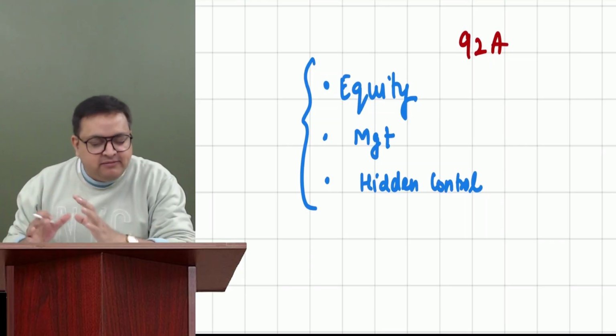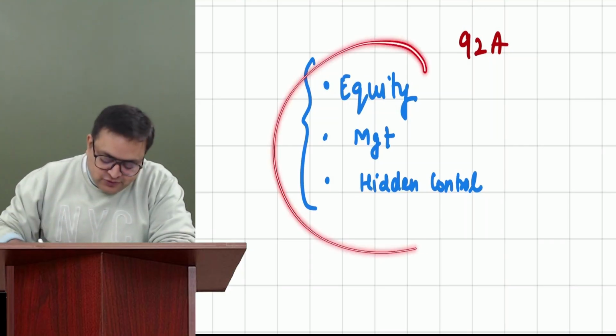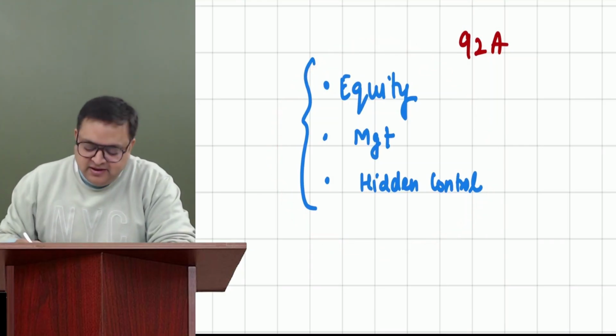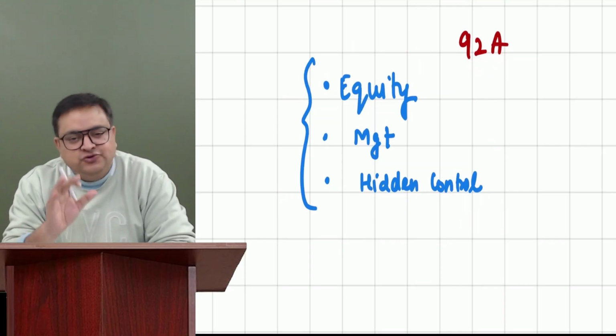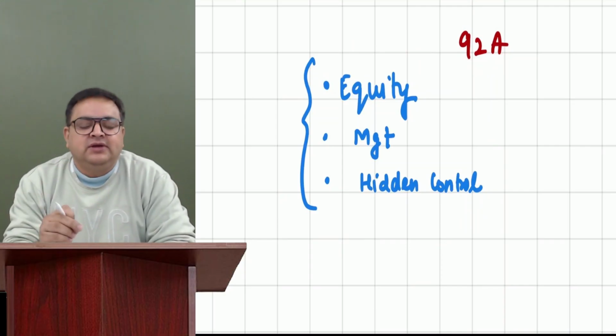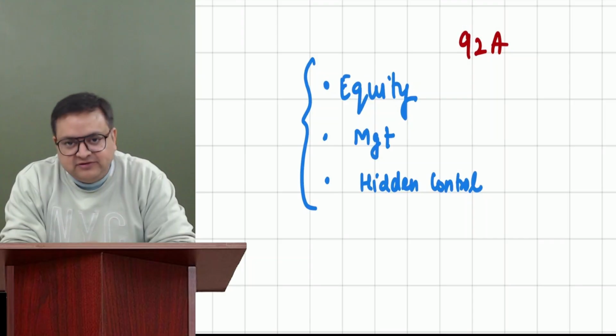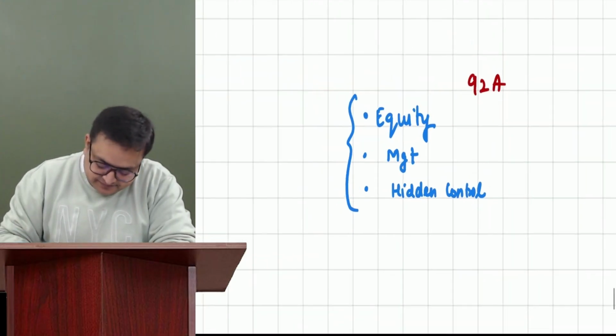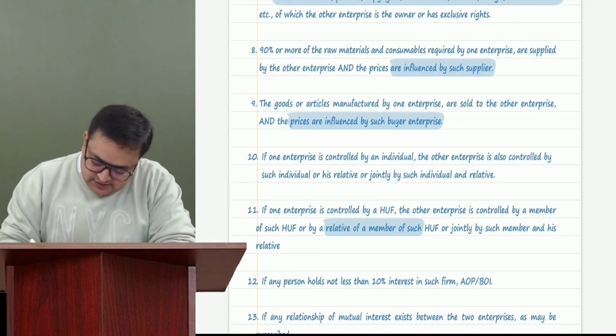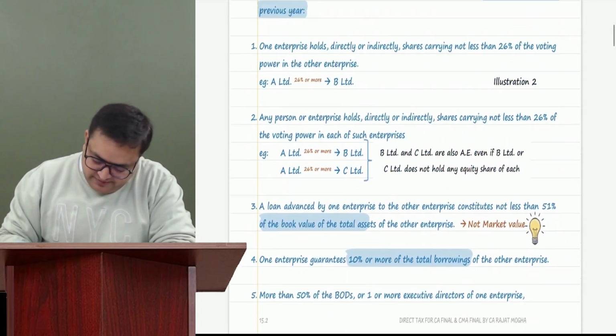Then also you become an associated enterprise. Very, very important section, you should know it. Questions come in exams on this particular section also. 92A. See, guys, are you all able to understand now?